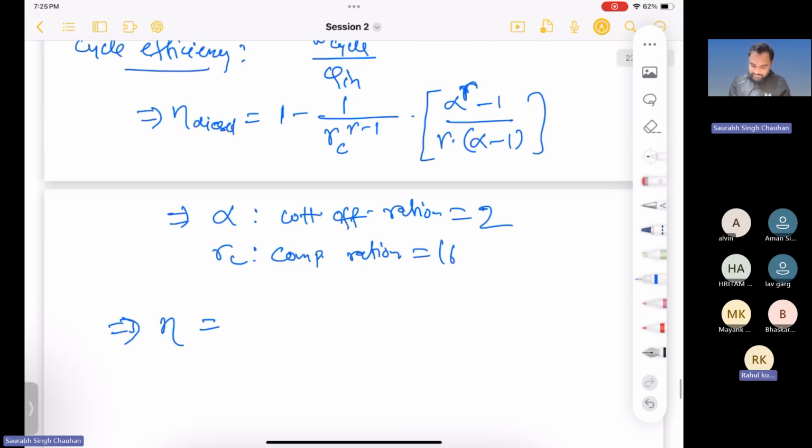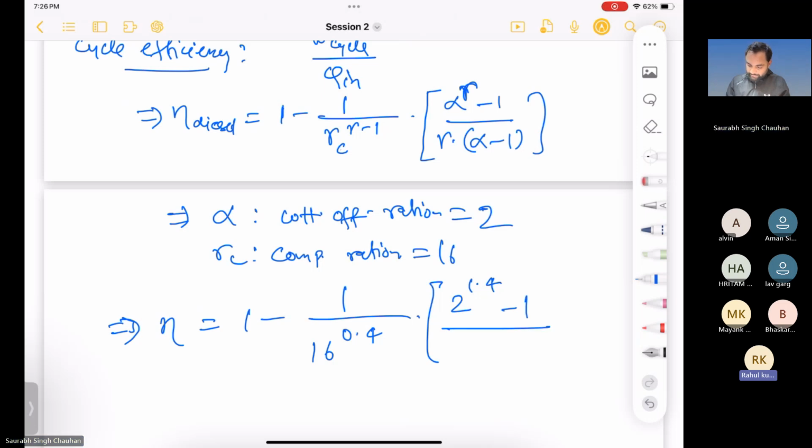So efficiency will be 1 minus 1 divided by 16 to the power 0.4, multiplied by 2 to the power 1.4 minus 1, divided by 1.4 into 2 minus 1.